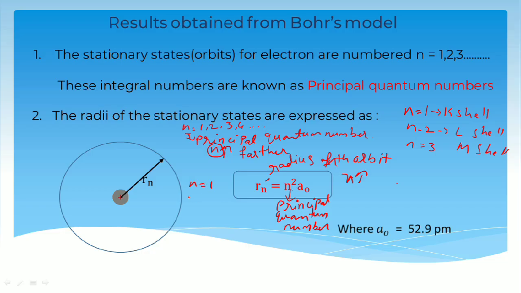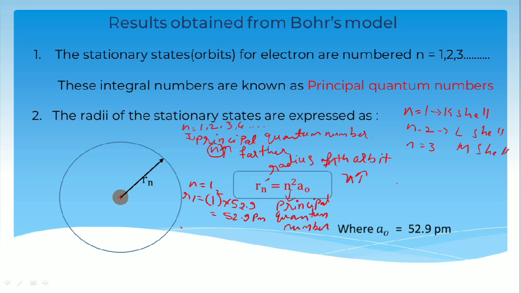Putting the values here, R1 equals 1 square into 52.9. So the result will also be 52.9 picometer.